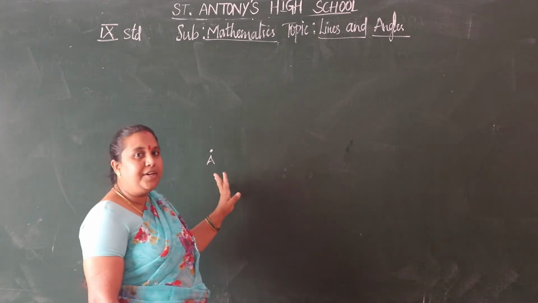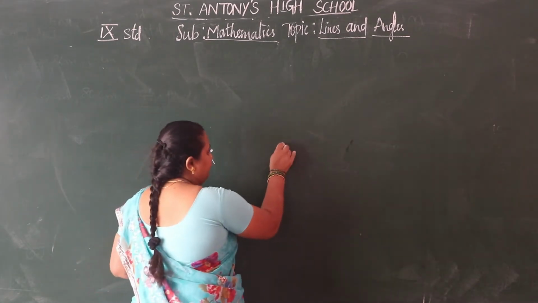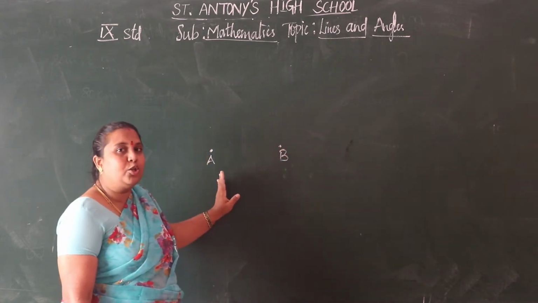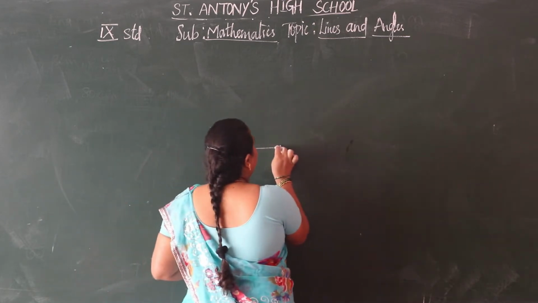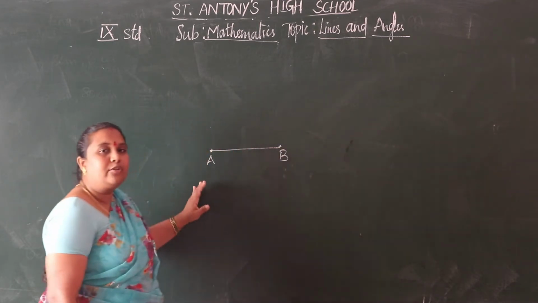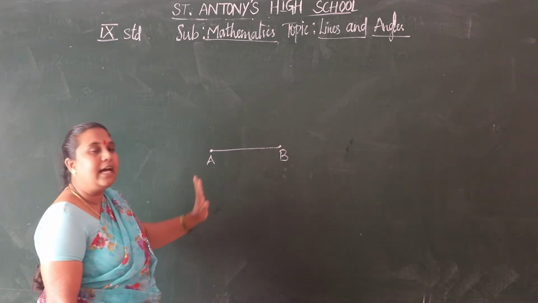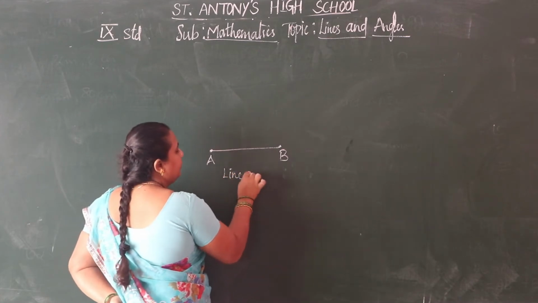Now we are joining two points in a plane. This is point B. We are joining these two points, and we get a line segment. So what is this? Line segment.